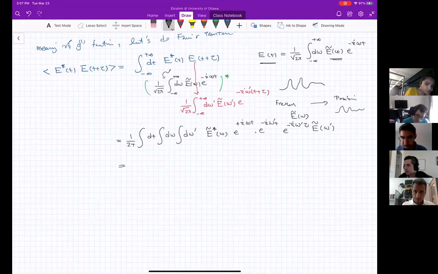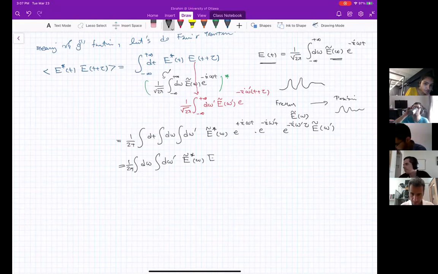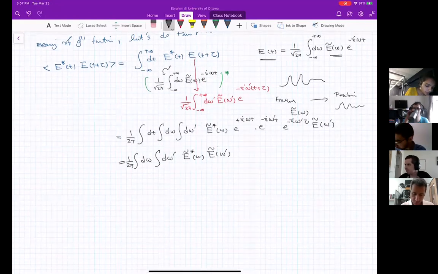So let's cast them in the proper way. I will write that as 1 divided by 2 pi, integral of d omega, integral of d omega prime, E star of omega, E of omega prime. Then what else?